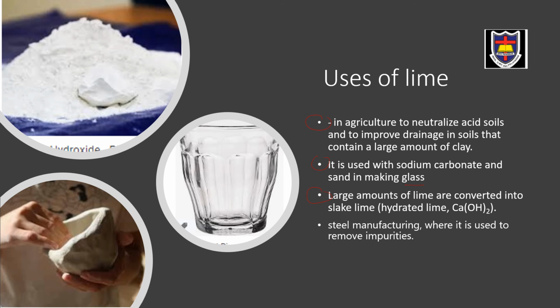Large amounts of lime are converted into slaked lime or hydrated lime. The formula is Ca(OH)2. And the other use is in steel manufacturing, where it is used to remove impurities.